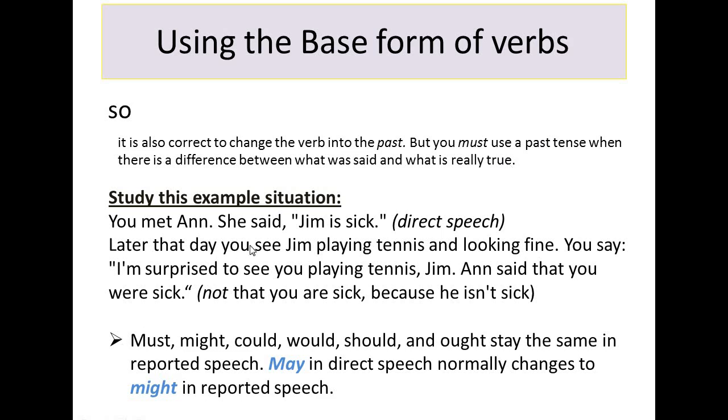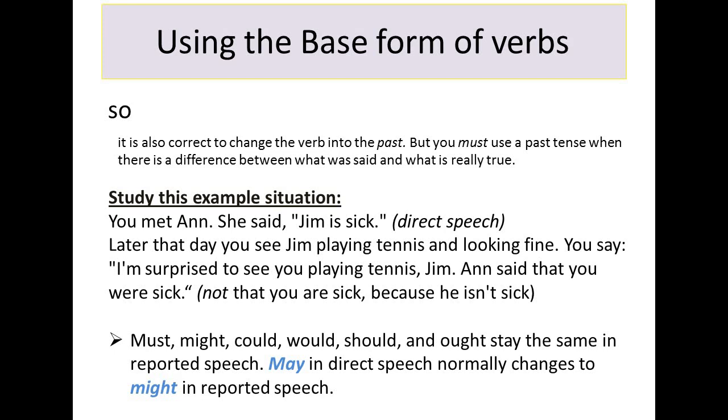Let's study this example situation. You meet Anne. She said, "Jim is sick." Direct speech. Later that day, you see Jim playing tennis and looking fine. So now he is not sick any longer.